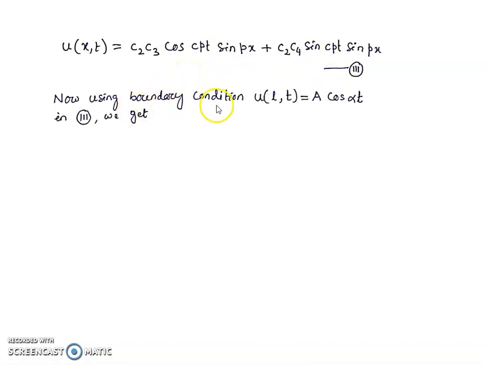Now using the second boundary condition, u(L,t) is equal to a cos alpha t. Here x is equal to L. If x is equal to L, u(x,t) becomes a cos alpha t.